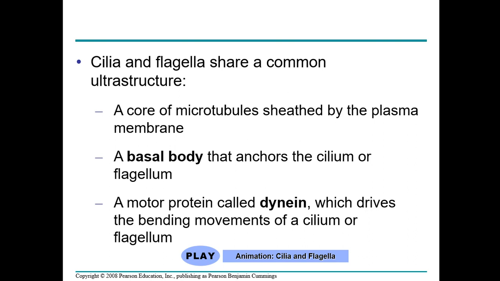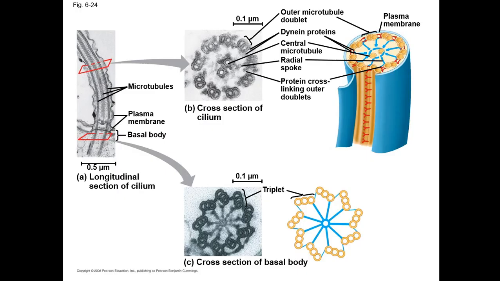So ito yung pagkakaparehas. A motor protein called dynein which drives the bending movements of a cilium or flagellum. So ito yung motor proteins. So tinatawag natin na dynein. So we have actin, we have dynein. Yan yung mga motor proteins. So pag-aralan nyo siya. So yan.